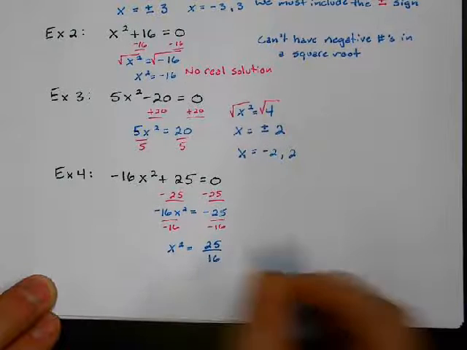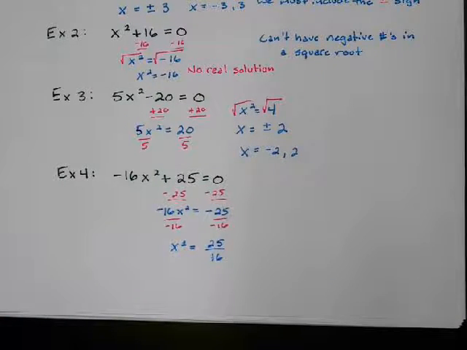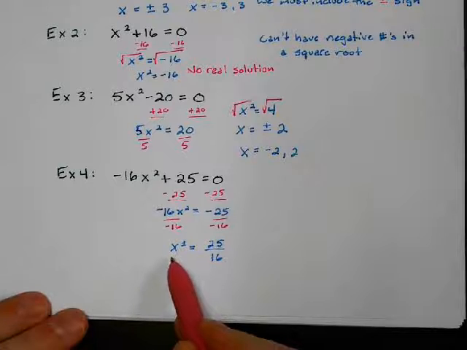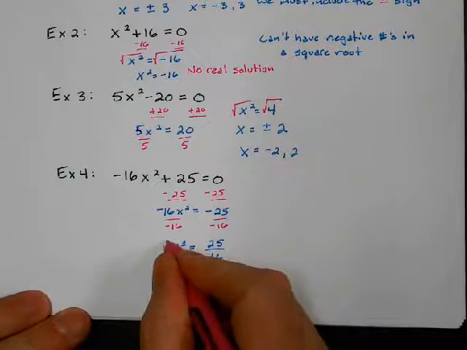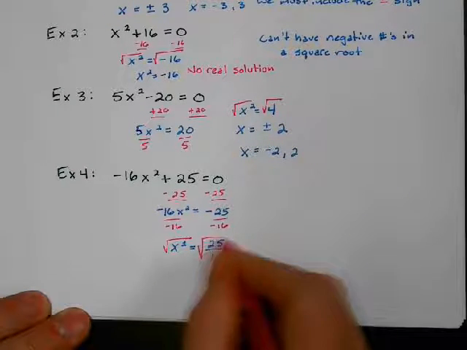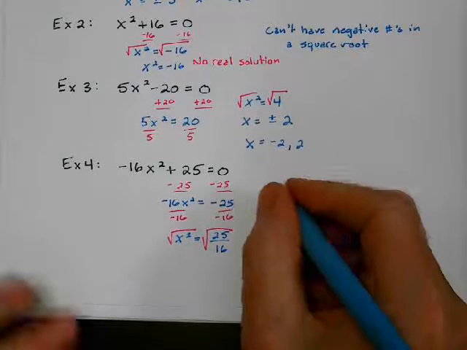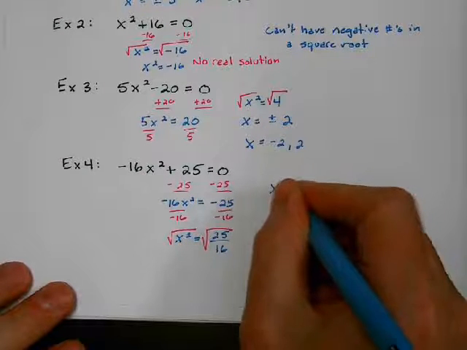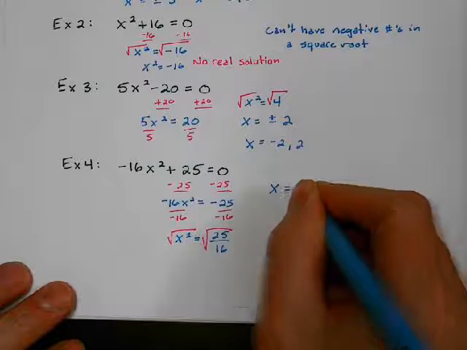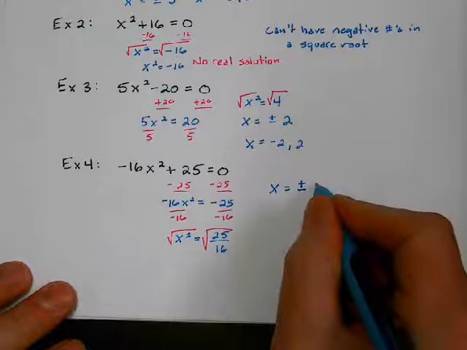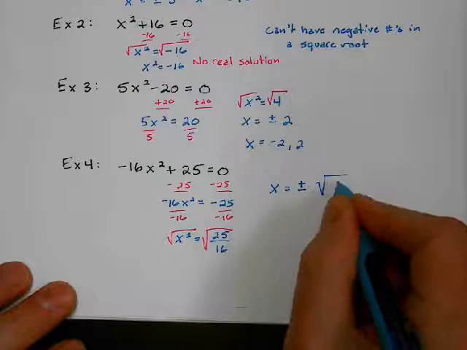Okay, at this point, I finally isolated the x squared, so I'm going to take the square root from both sides. Square root that side, square root that side. Now, when we take the square root from both sides, we have to include the plus or minus. So x is equal to plus or minus the square root of 25 over 16.